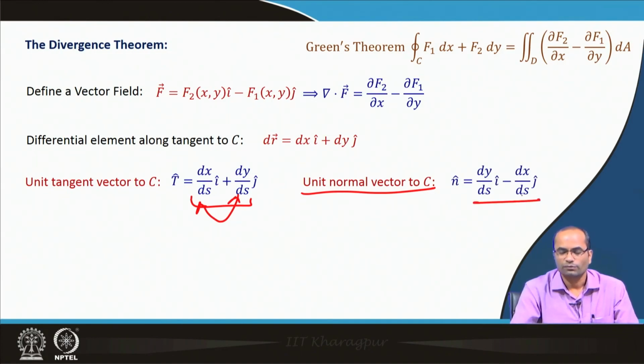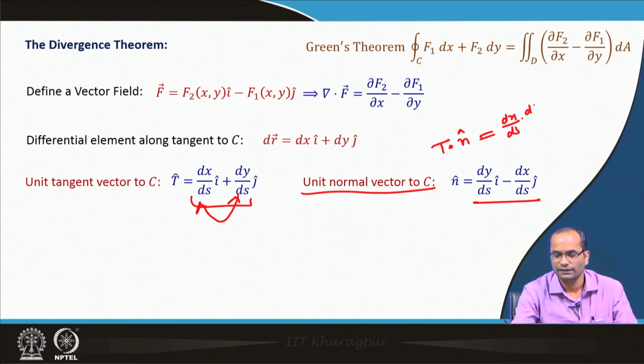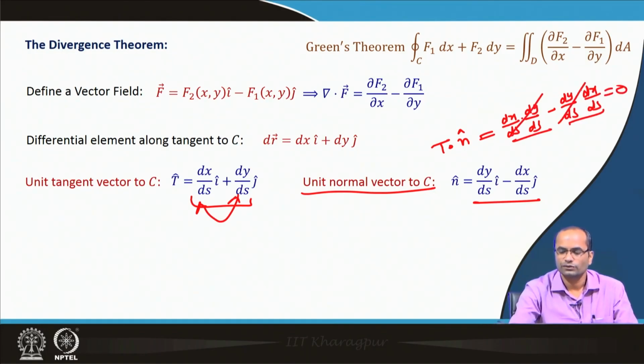This is normal, because we can check that t dot n, the dot product of the two, will be exactly 0. We have dx over ds from t and dy over ds from n, and then the minus sign, so dy over ds times dx over ds cancels because they are the same. So, we get 0. So, the two are perpendicular. This is tangent and this is normal, and its magnitude is also 1.